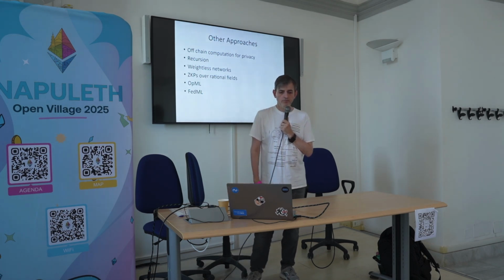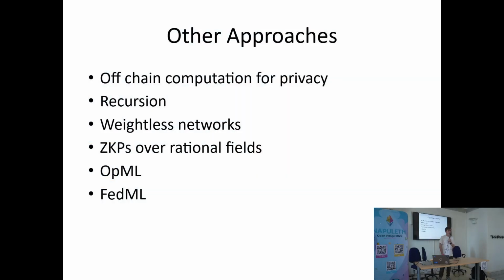But other things we can do if we want privacy with machine learning. As I said earlier, you could do everything off-chain. Certainly that is possible, and you can do it privately, but then you may want to interact with other models and interact with other systems. Mina does help with this a little bit because the basis of the Mina blockchain is that it allows off-chain computation.